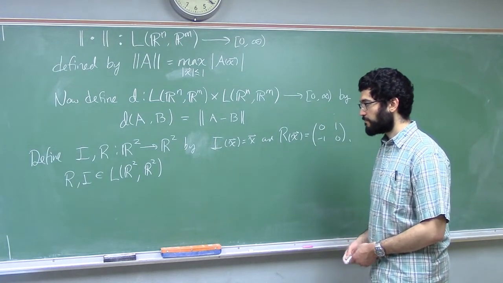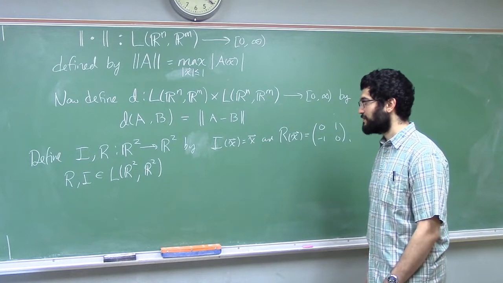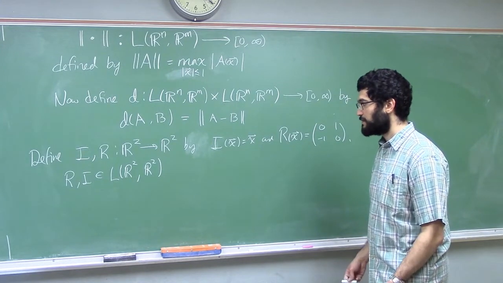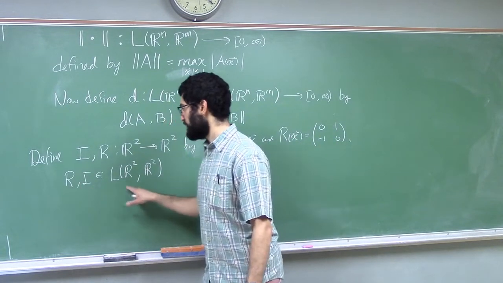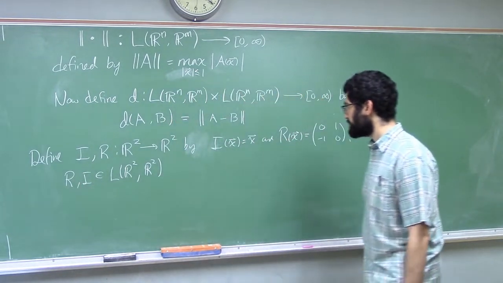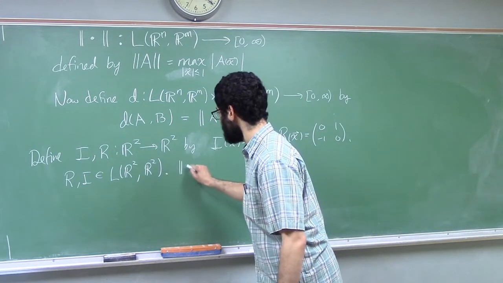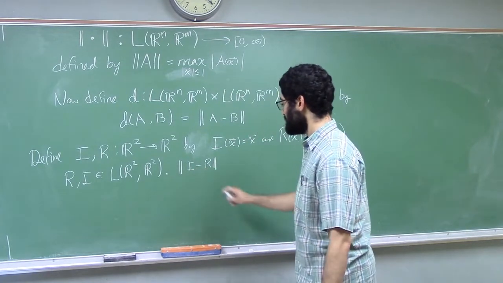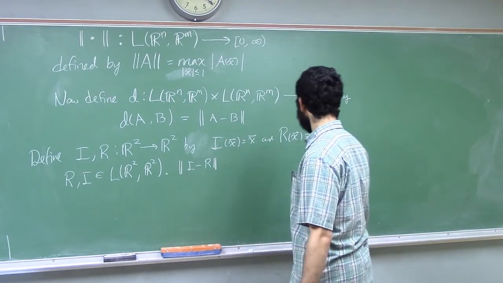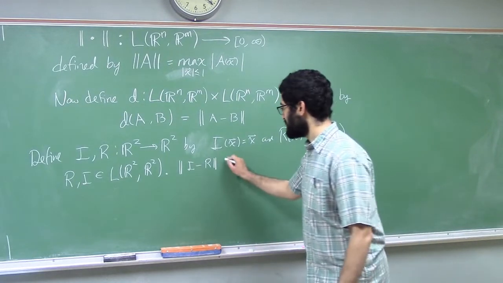So maybe we have to get a little creative to try to visualize what is meant by the distance between the two points R and I in this 4-dimensional vector space. Well, okay, so this is what I'd like to examine. How far away is the 90-degree rotation from the identity? What is that distance?